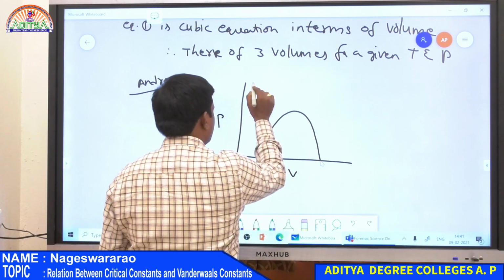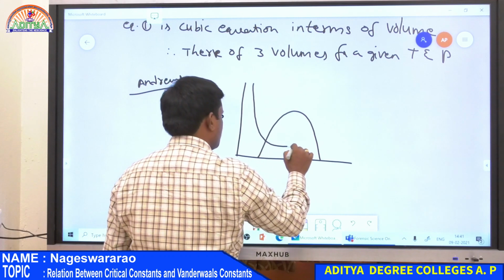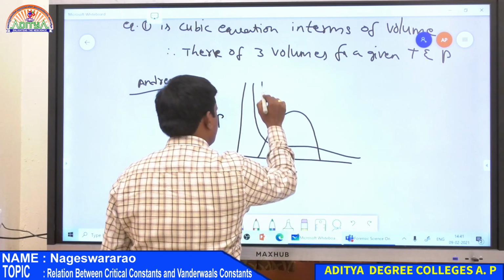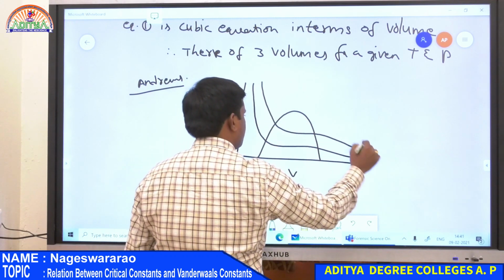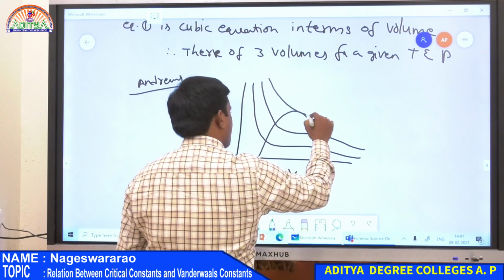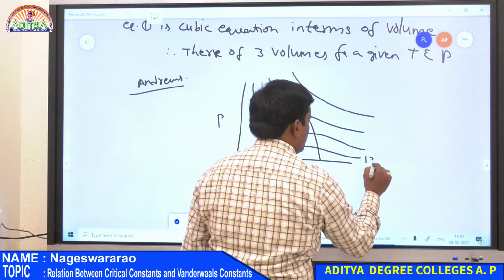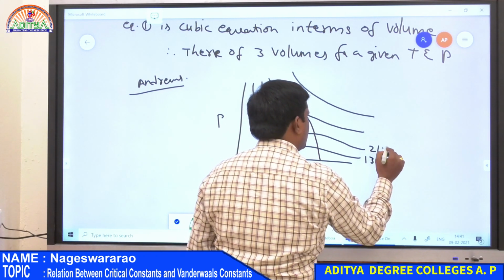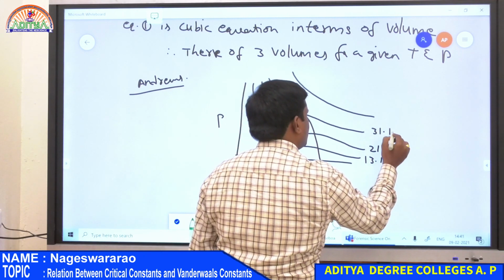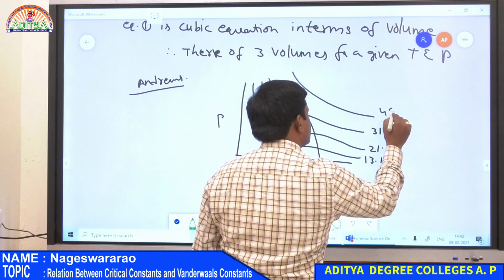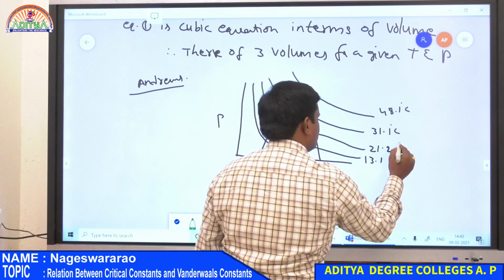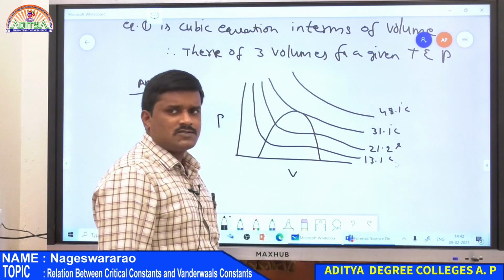So this is the isotherm of the CO2 molecule. Initially this is 13.1 degrees, 21.2, 31.1 degrees centigrade, and finally this is 48.1 degrees centigrade. So this is the isotherm of CO2.